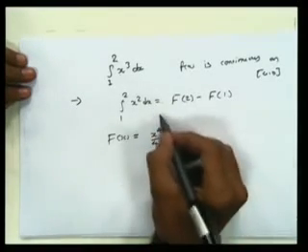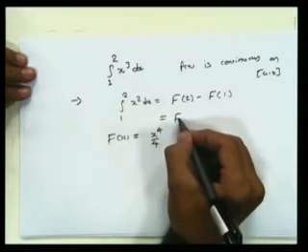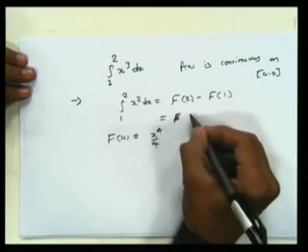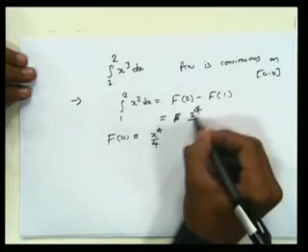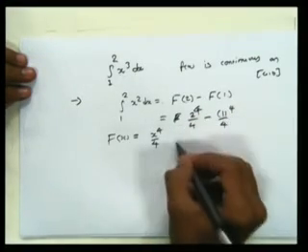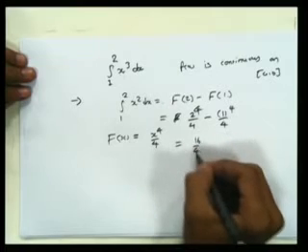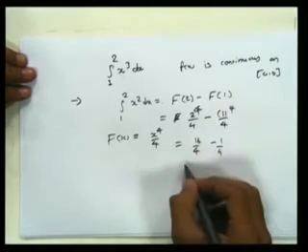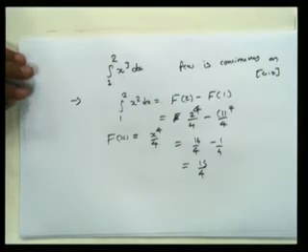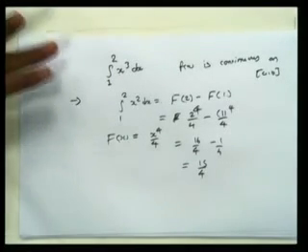Here capital F of x is x raised to 4 by 4. So this is 2 raised to 4 by 4 minus 1 raised to 4 by 4, which is 16 by 4 minus 1 by 4, which is equal to 15 by 4. So in this way we can find the answer of any integration.